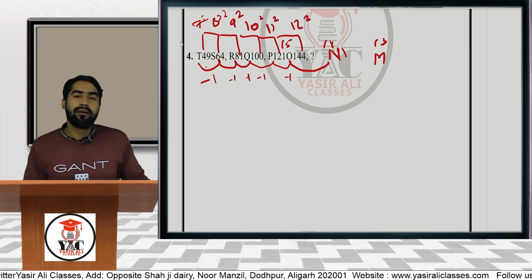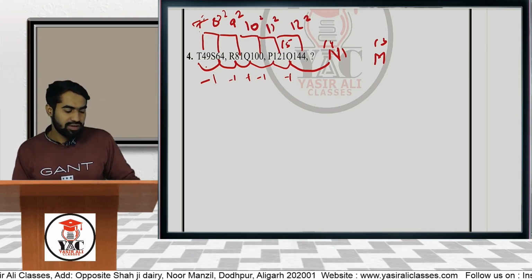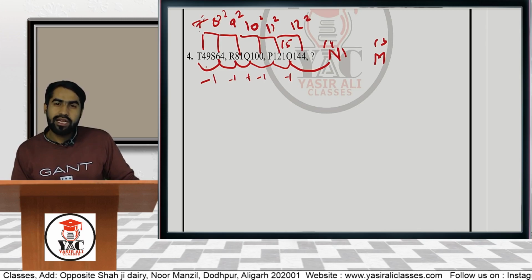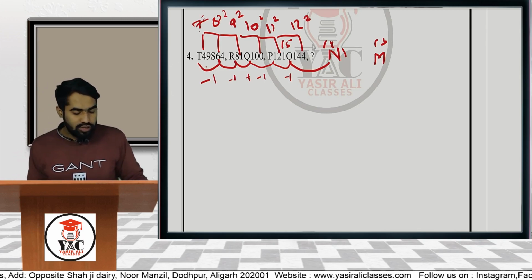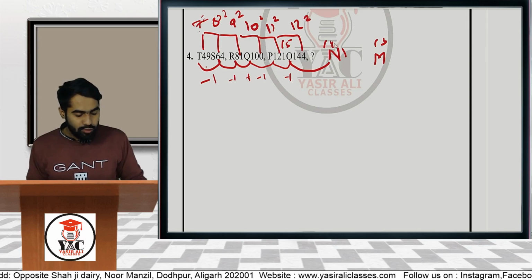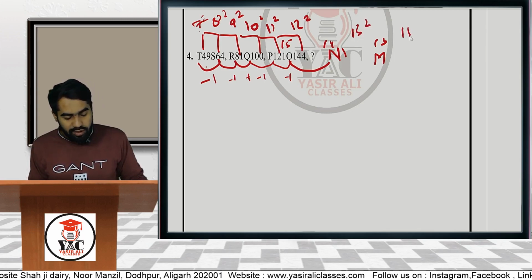So what are they doing? Squaring the numbers in sequence. They have covered till the square of 12, so next should be the square of 13, and then the square of 14.